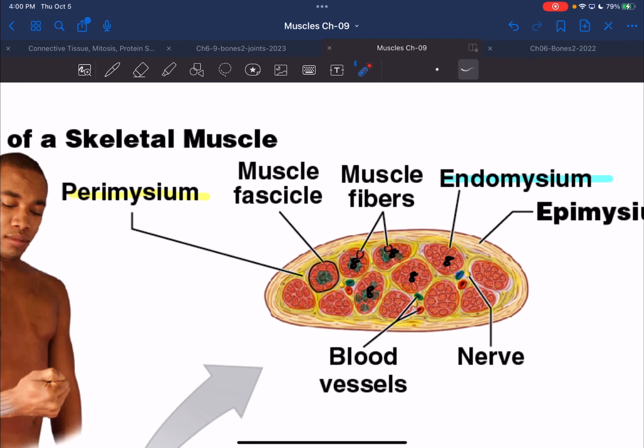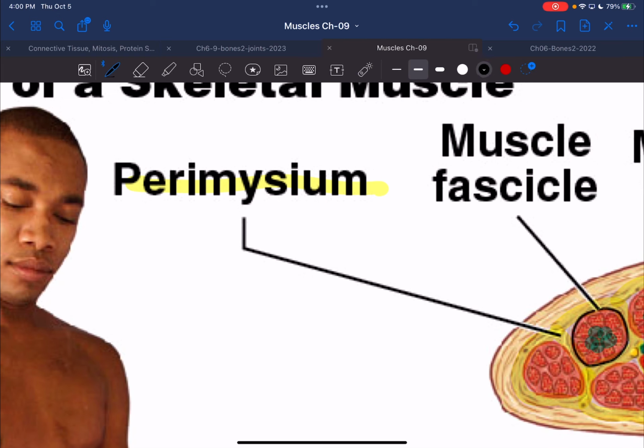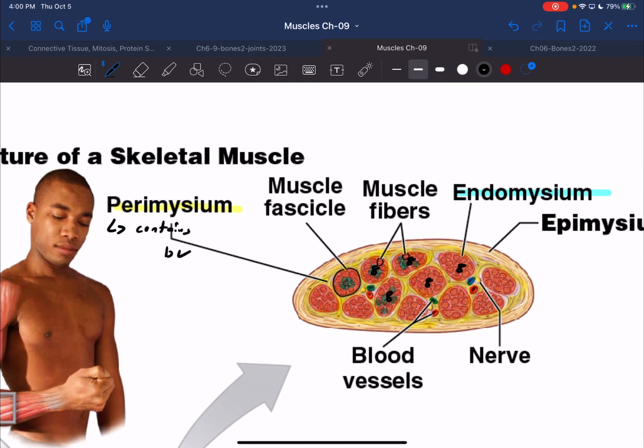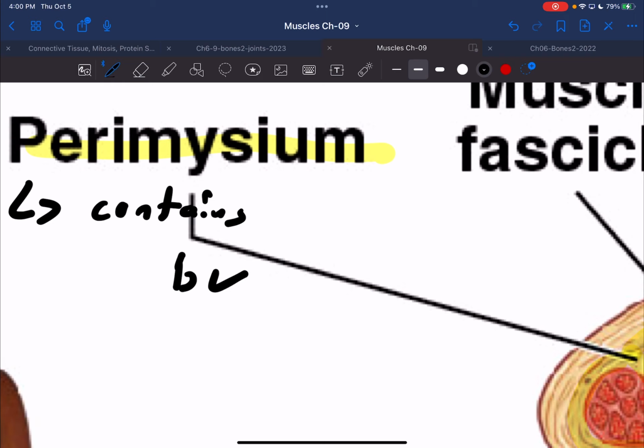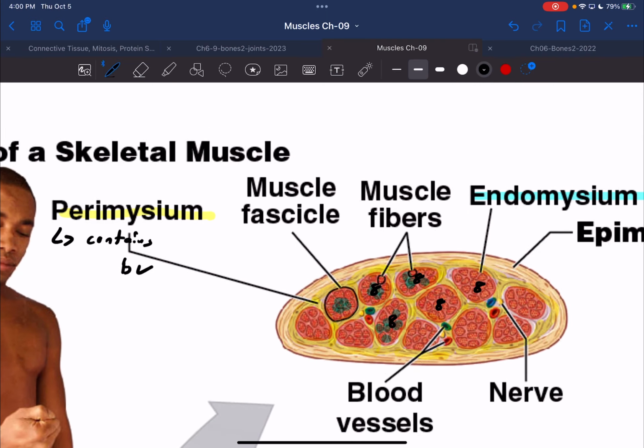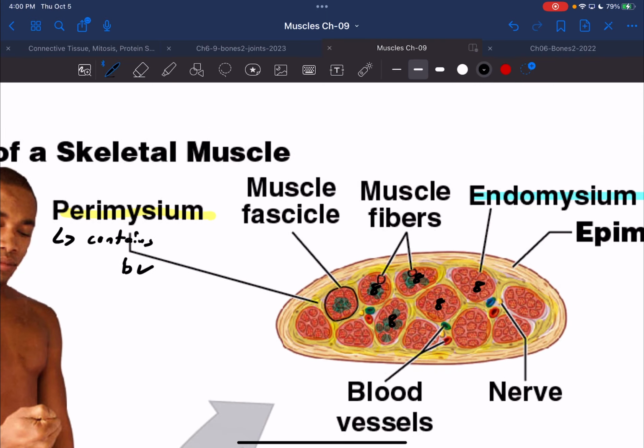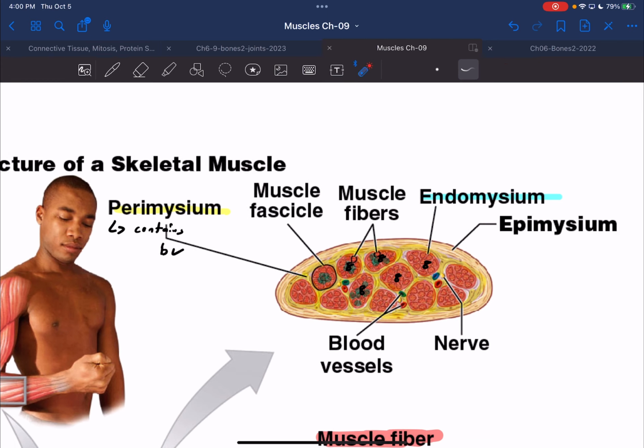And the reason the perimysium is relevant is because it contains blood vessels. And then lastly, the last final wrap is going to be epimysium.